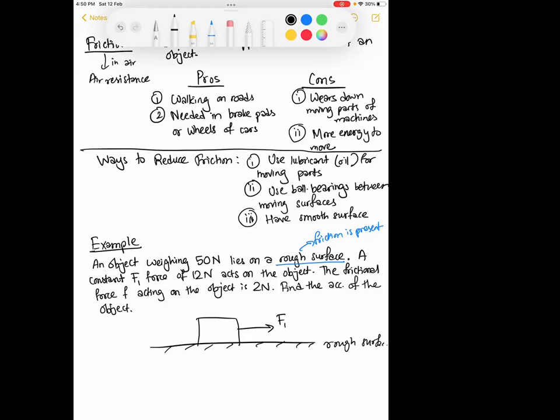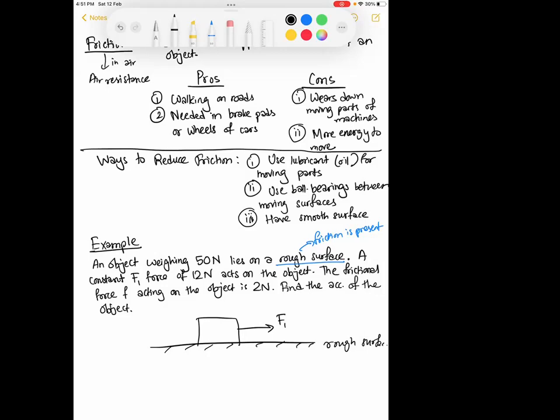Abu, is it 1/5? What, the acceleration? Not really. We have to subtract 2 from 12, because it's friction. And then we don't know the mass here, right?